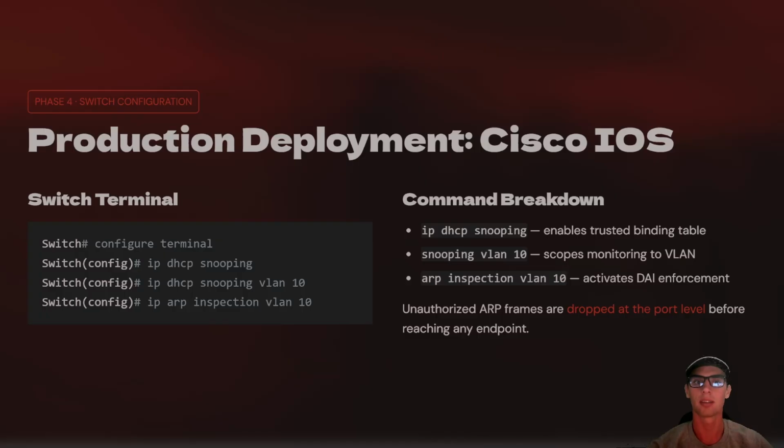By executing these configuration commands, we can activate data validation rules on the switch hardware. So if an attacker attempts to send an unauthorized ARP frame and tries to change a neighbor's table, we can inspect that packet. The switch can identify that the MAC address does not match the assigned IP address that they have in the trusted lookup table, and then it will drop the frame at the physical port level, and it won't get forwarded on and changed.